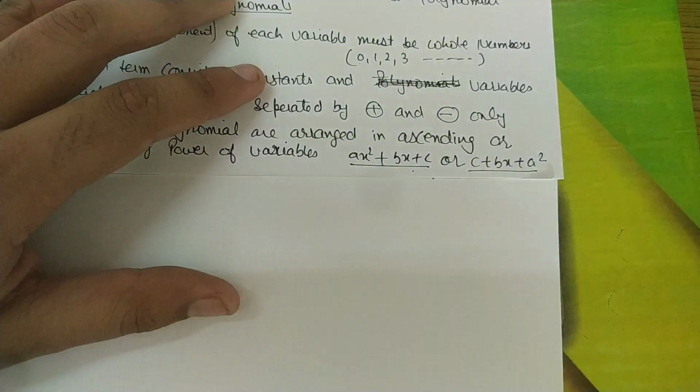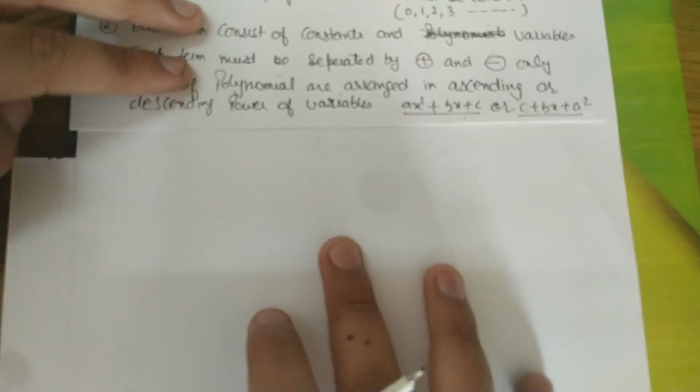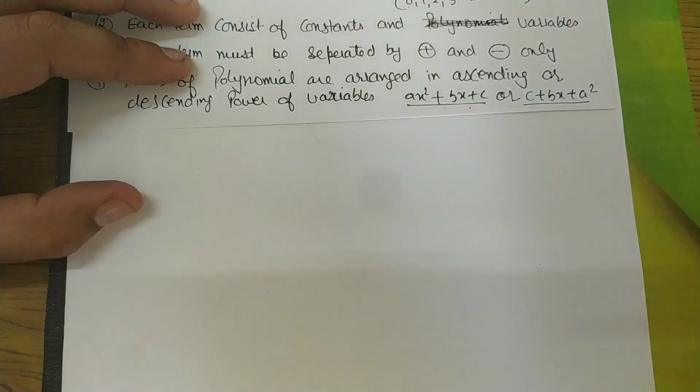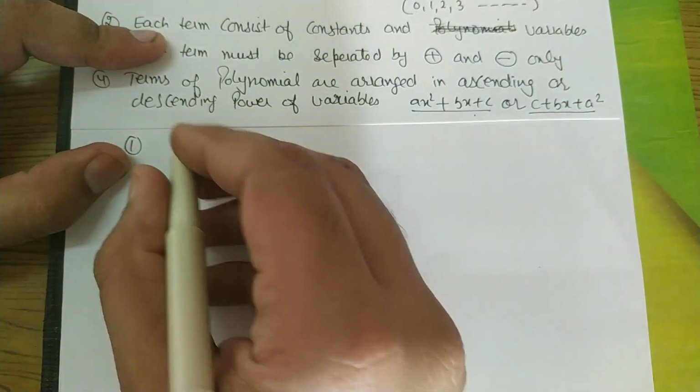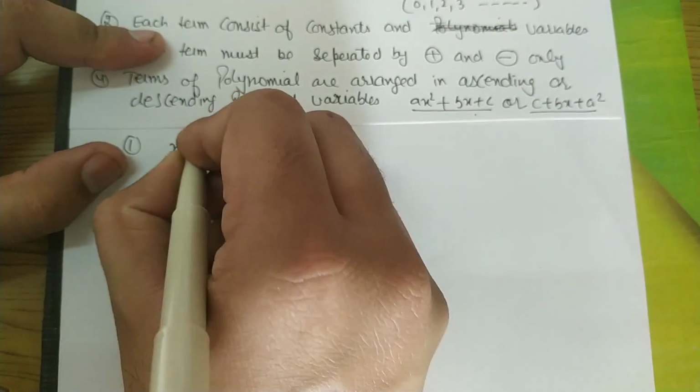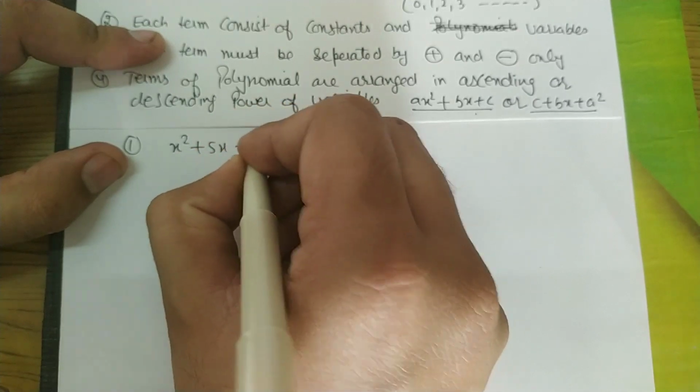So it means these are the main conditions. So I will give you some examples also. The first example, it is a very important question: x square plus 5x plus 6.